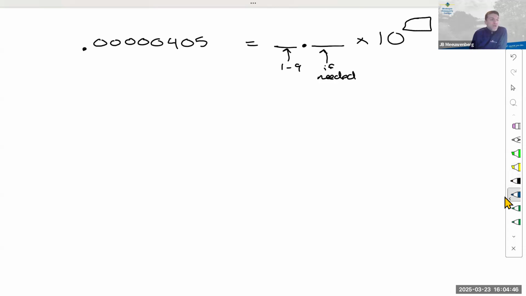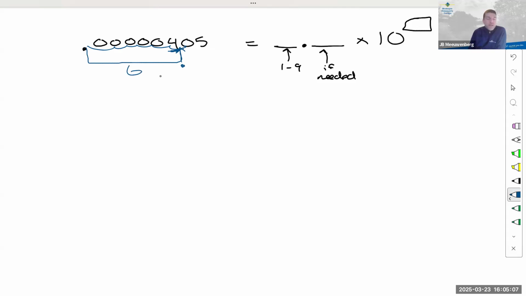So in this case, we want our decimal point to be where? We want one number before the decimal point. So we're going to have our number be there and our decimal point come right after it. So we're going to move this decimal point from here all the way down to there. So we're going to jump 1, 2, 3, 4, 5, 6 places.